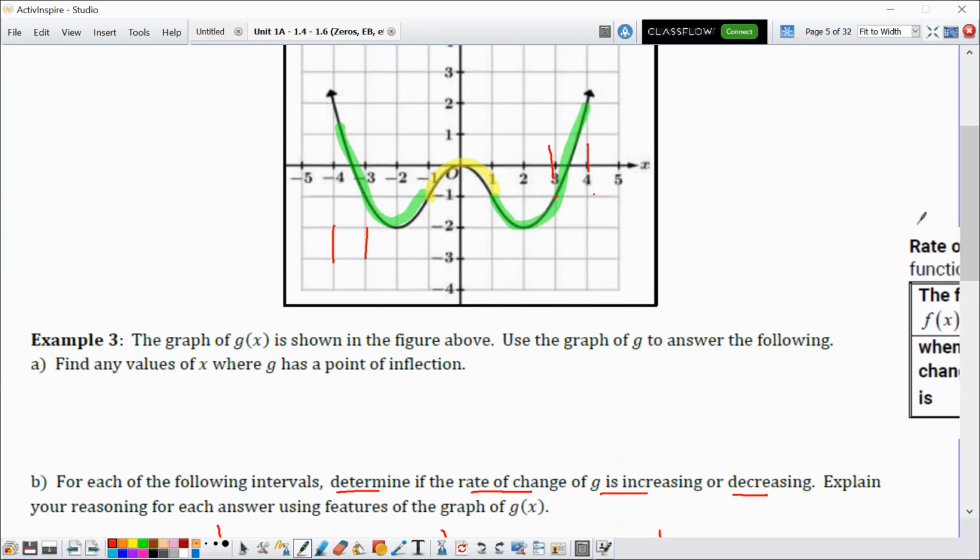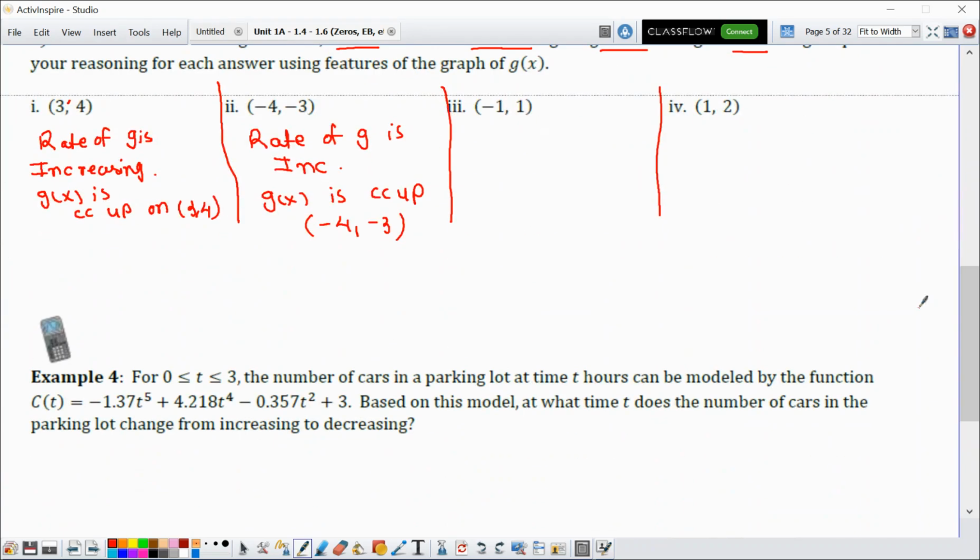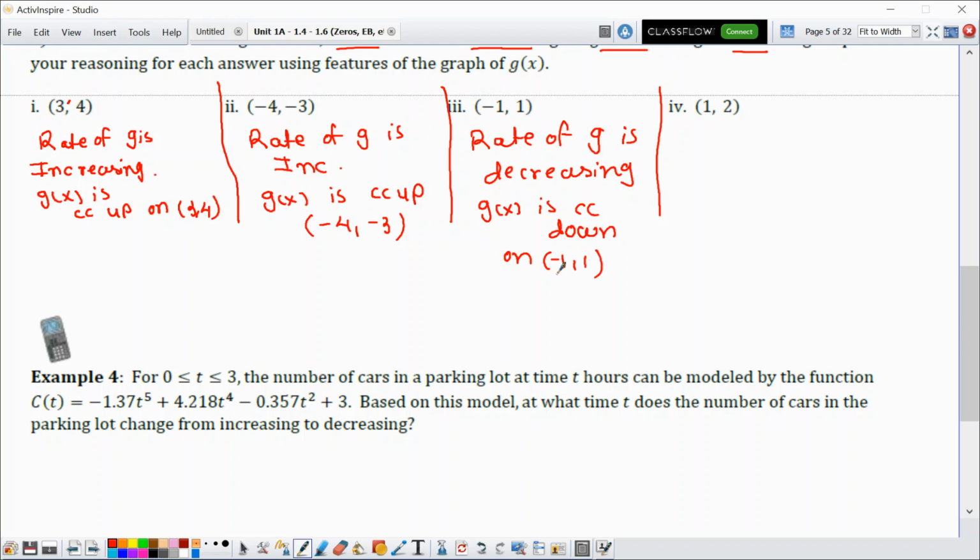Now what is between negative 1 and 1? Between negative 1 and 1, you can see concave down. Concave down means rate of g is decreasing, because g of x is CC down on the interval negative 1 to 1.